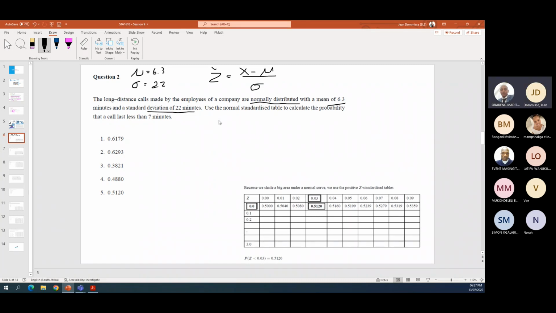And we need to work out, using the normal distribution table, the probability that a call lasts less than 7 minutes. So we need to calculate the probability that it's less than 7 minutes.